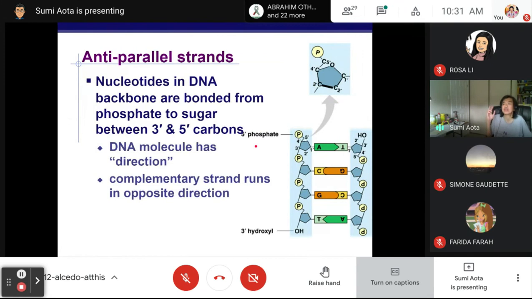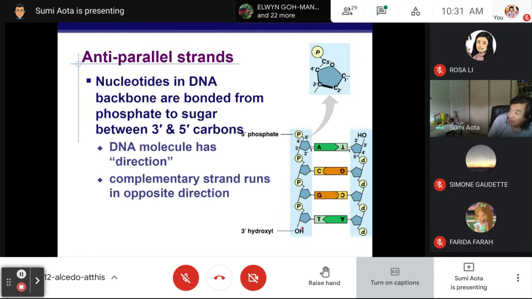This is why directionality is important. DNA double strands are arranged anti-parallel. The nucleotides are bound from the phosphate to the sugar between the number 5 and number 3 carbons, so the DNA molecule has a direction to it. The two sides run in opposite directions.